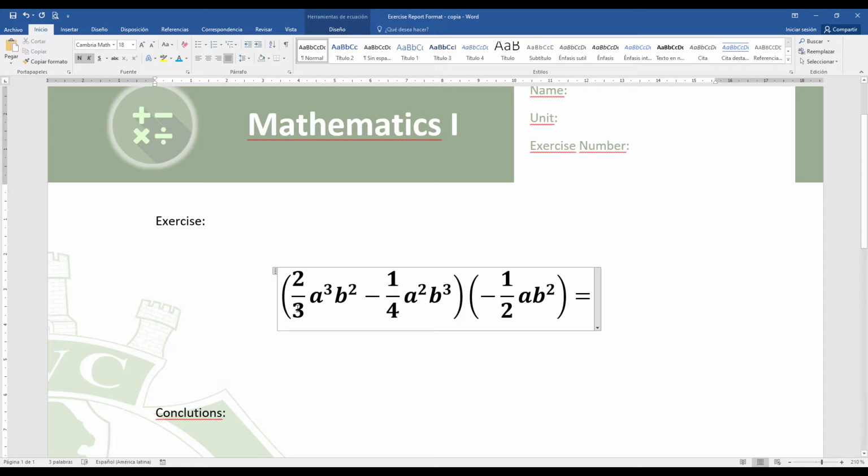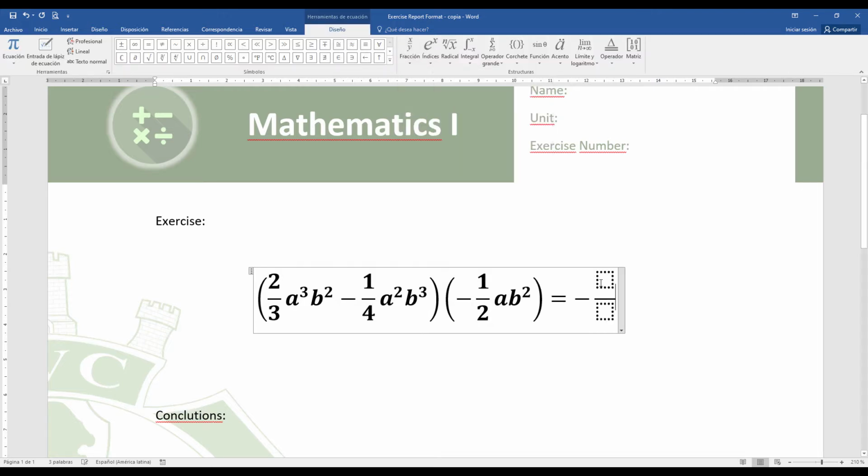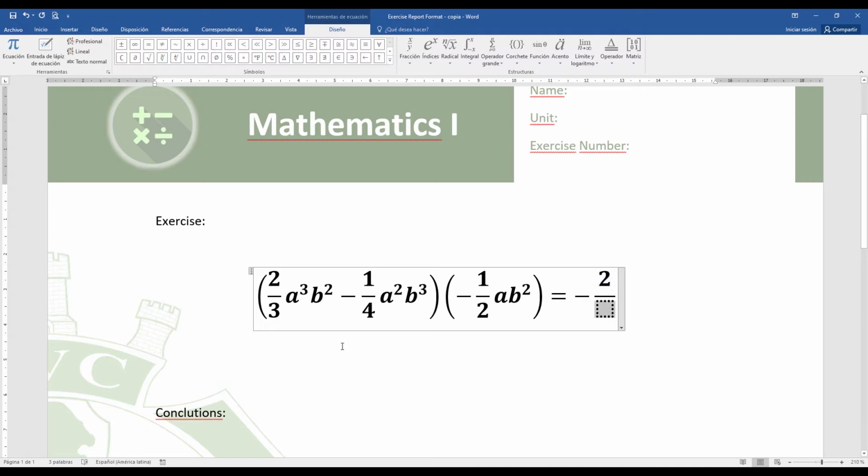In that case, plus times less is less. This is a fraction here, so you need to multiply numerator by numerator and denominator by denominator. In that case, 2 times 1 is 2, 3 times 2 is 6.